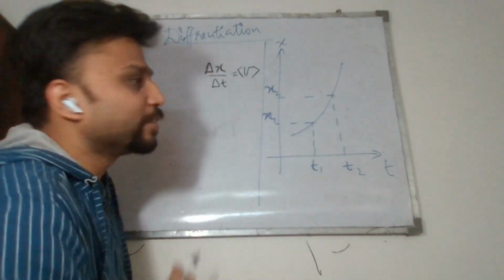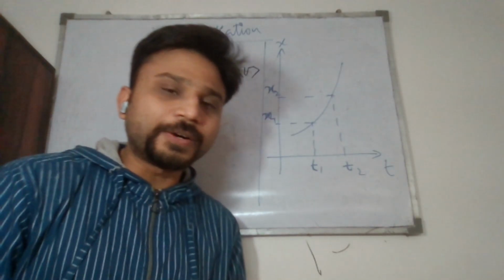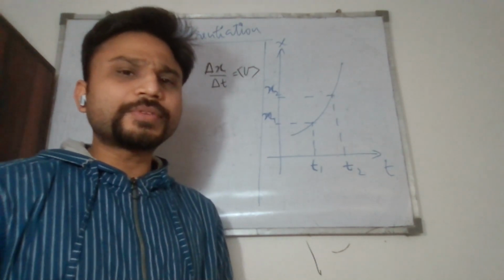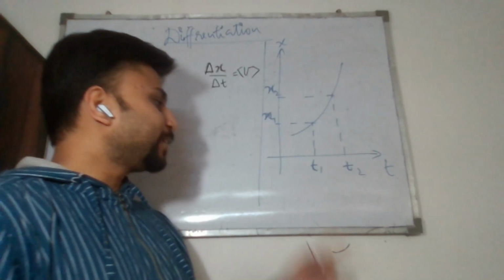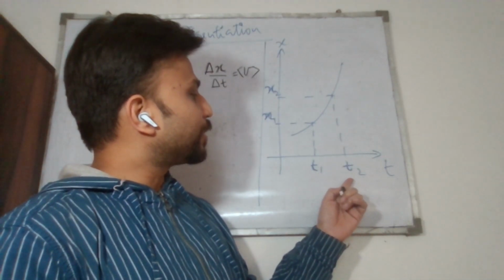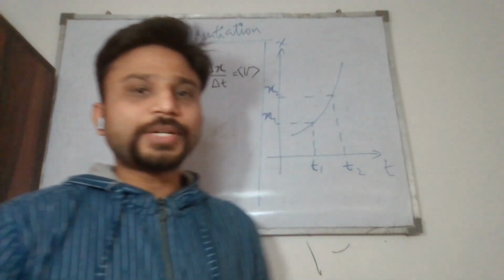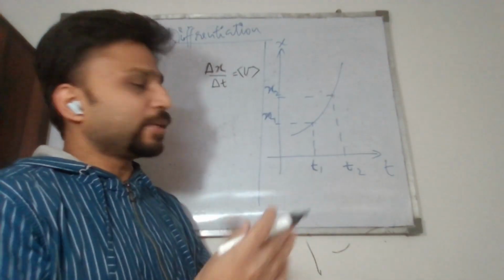So this is called average velocity. We already found our average velocity even without this graph, and its value was 20 meters per second. Now the point is that these time instants t1 and t2 will be coming quite close to each other. We want to bring t1 and t2 together.